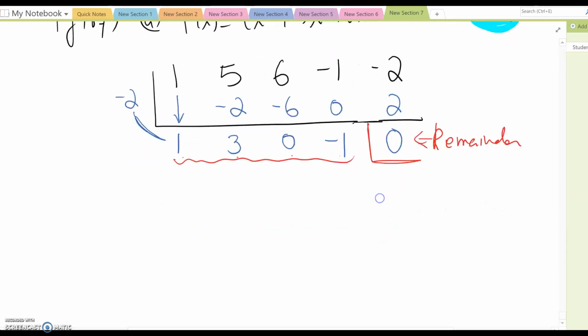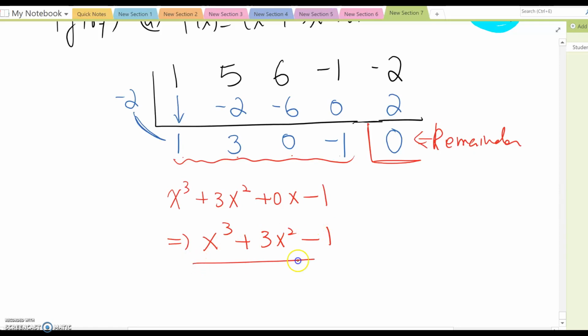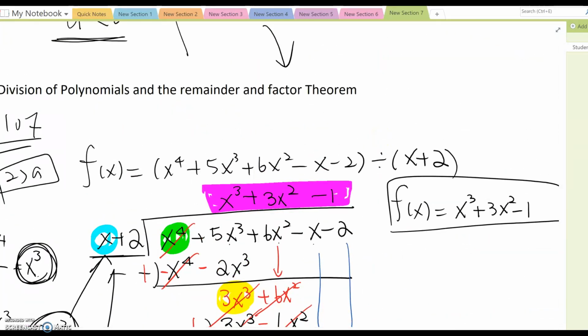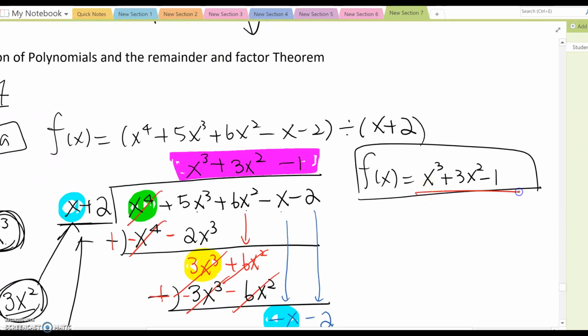So the answer becomes x cubed plus 3x squared plus 0x minus 1. We can simplify this to x cubed plus 3x squared minus 1. Let's go back to the first question from before. We got exactly the same answer, right?